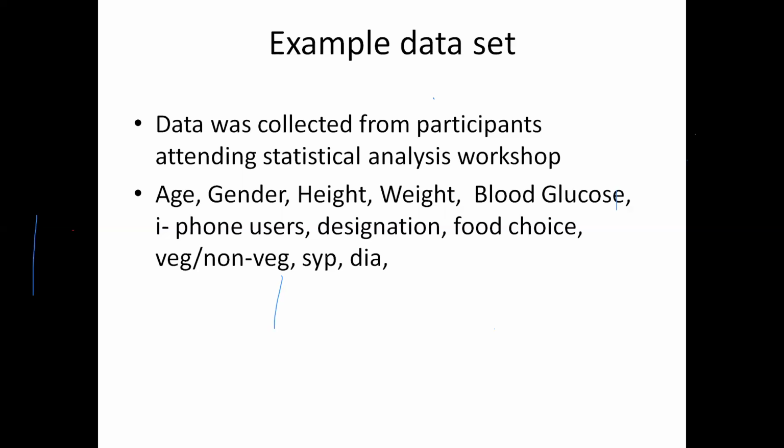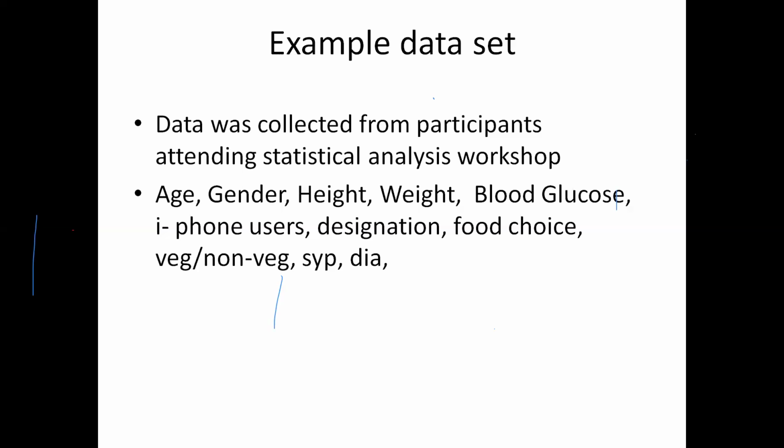So what is the example data set with me? For the hands-on, what we are going to do now: I have collected this information from one of my statistical analysis workshops.